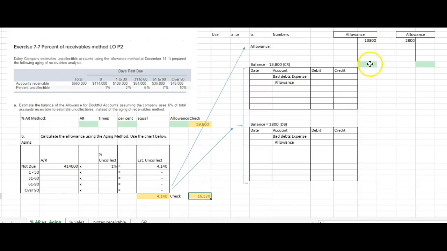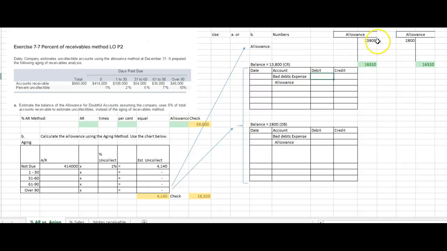So, in each case, this becomes what the balance is going to be for your allowance account. So whatever you have to adjust this for becomes your bad debts expense.